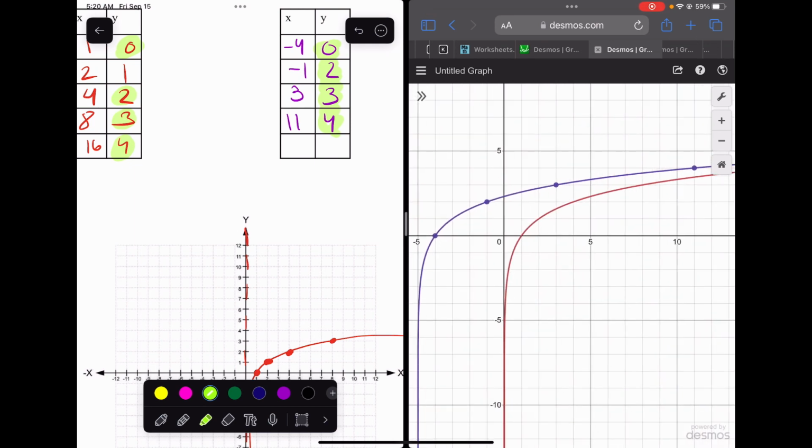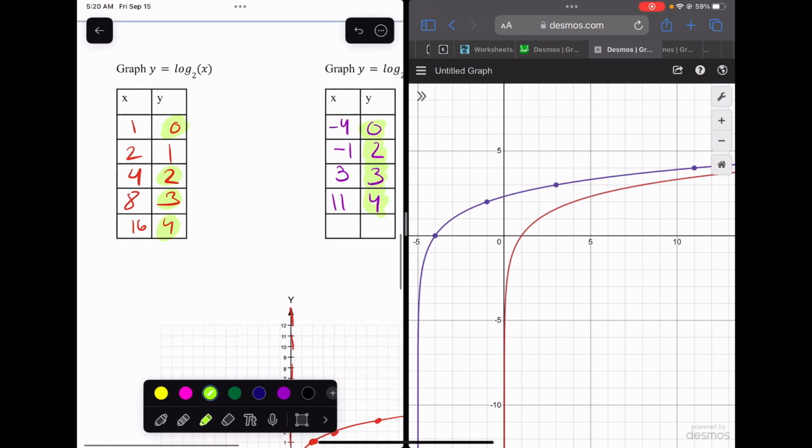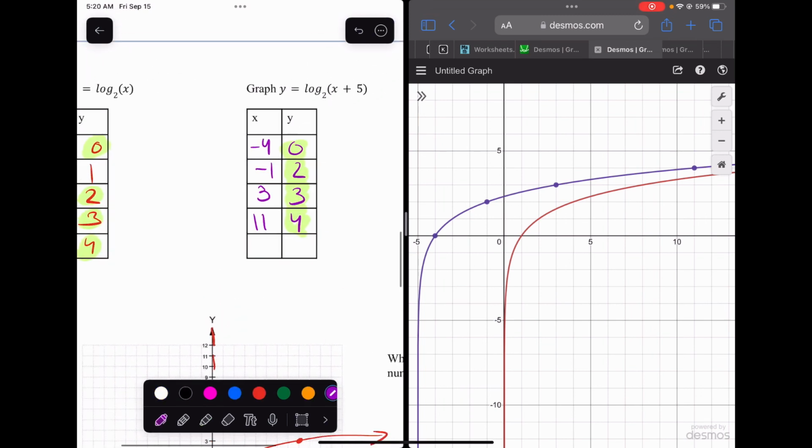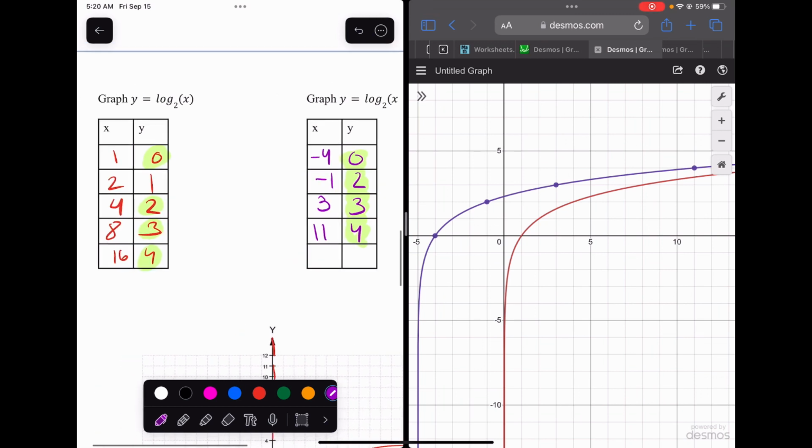We've got our original graph in red and our second graph in purple here. And we can see that this graph shifted to the left.